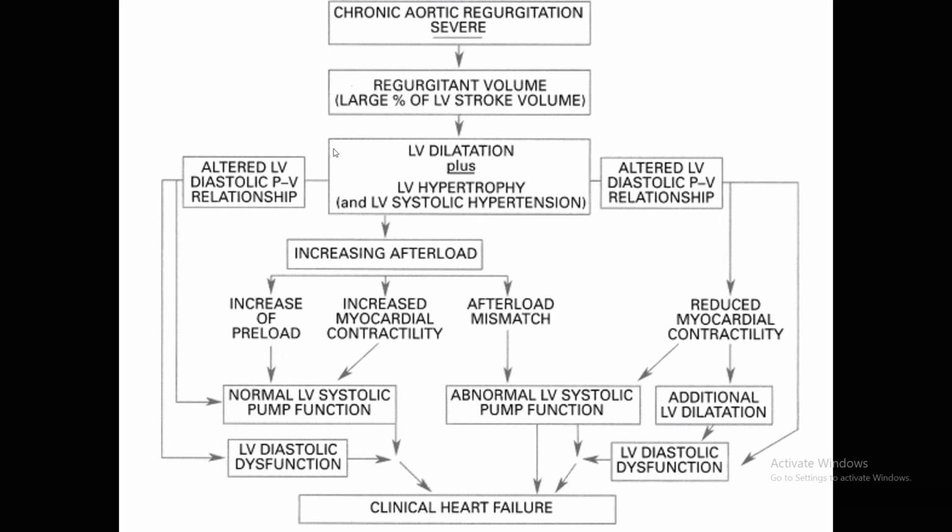So, this will alter the left ventricular diastolic pressure to volume relationship and cause gradually left ventricular diastolic dysfunction, together with the increasing afterload, and as a consequence afterload mismatch, and finally abnormal left ventricular systolic pump function, especially due to the dilatation. These are predispositions for a clinical heart failure to be generated.